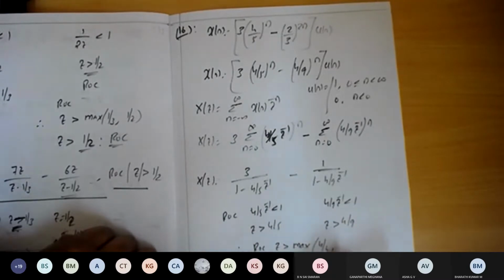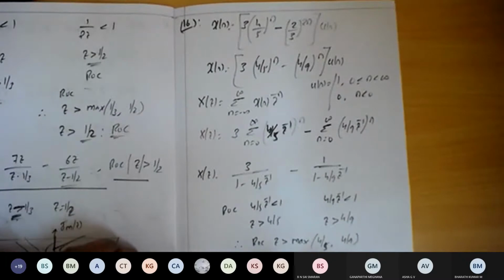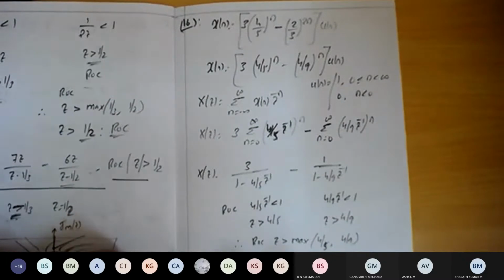Since both are positive sided sequences, that's why we take this. So the ROC is Z greater than 4 by 5. This is the ROC.